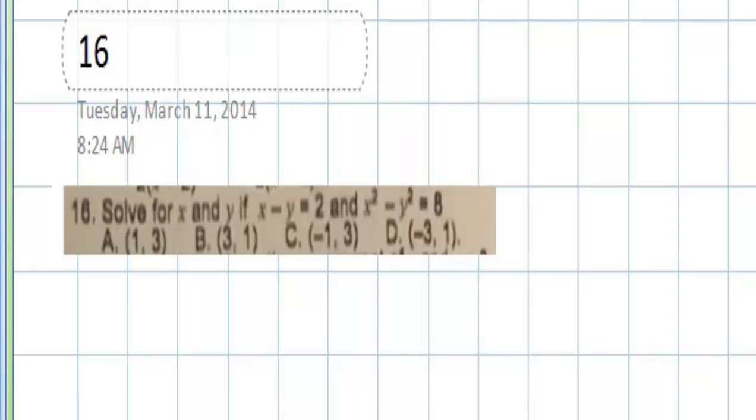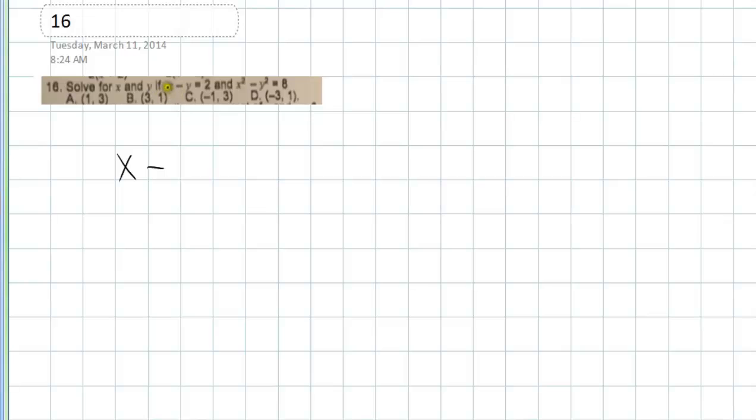Alright, so here we have question 16, and it says solve for x and y if x minus y equals 2 and x squared minus y squared equals 8. What you want to do first is write out the important information that they gave you. So x minus y equals 2 and x squared minus y squared equals 8.